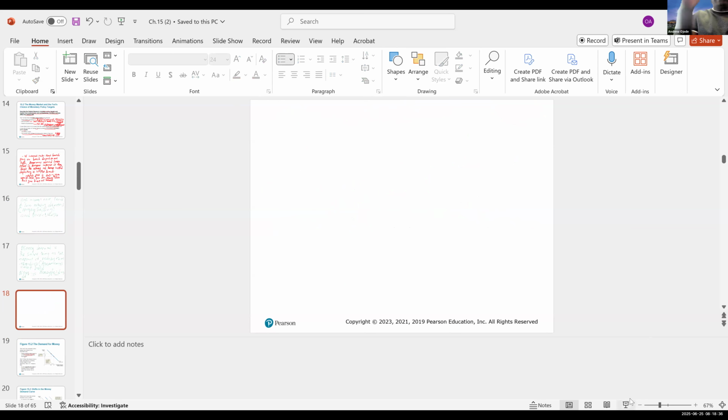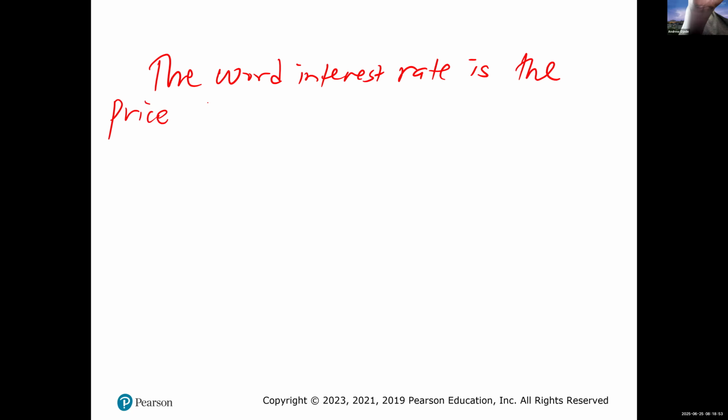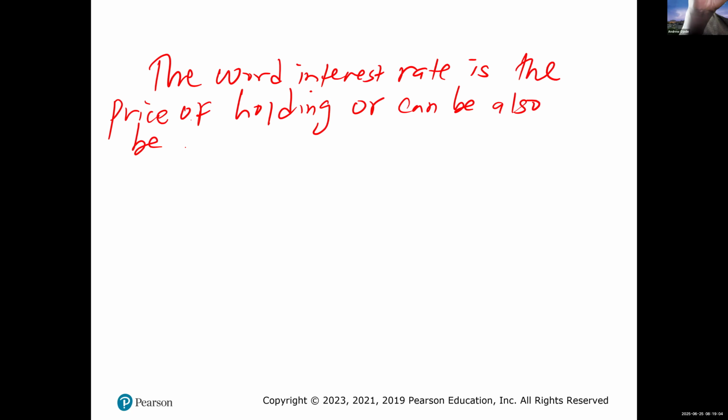Okay, so we're going to say the interest rate is the price of money, the price of holding money. Or it can also be defined as the opportunity cost of money holding.